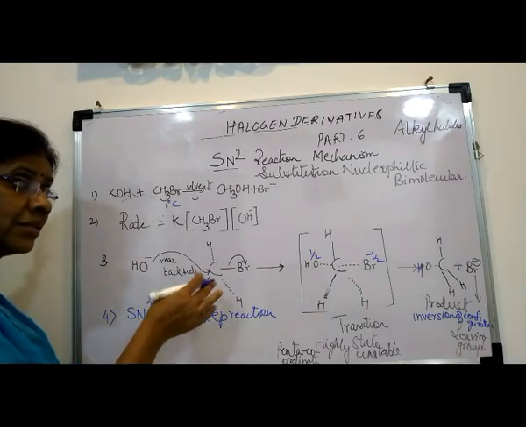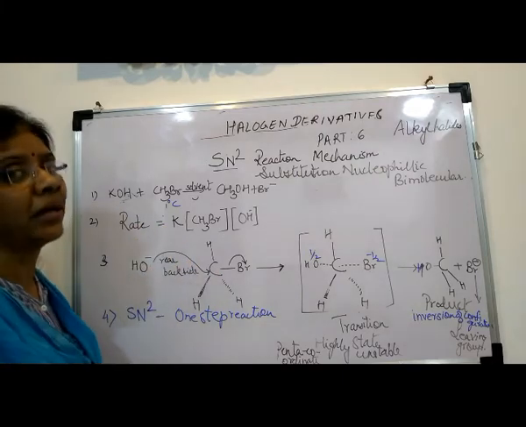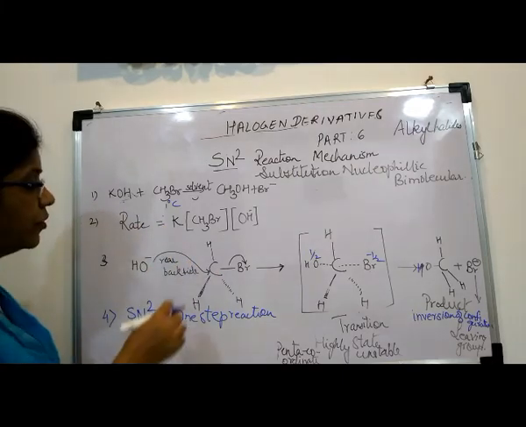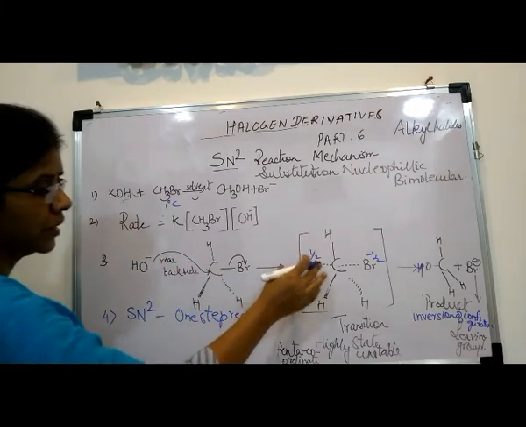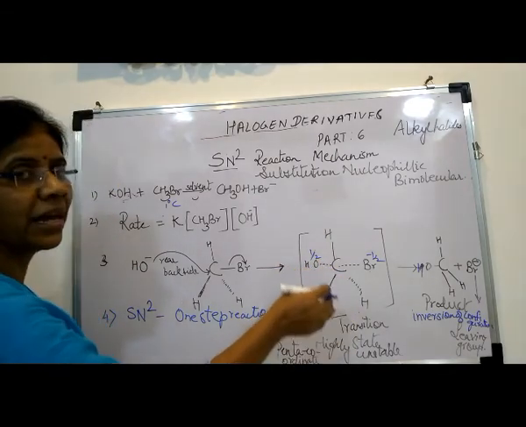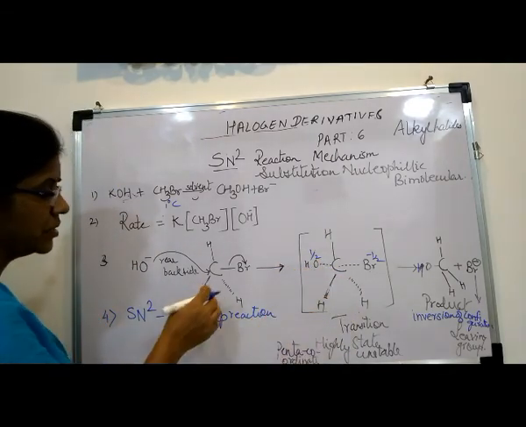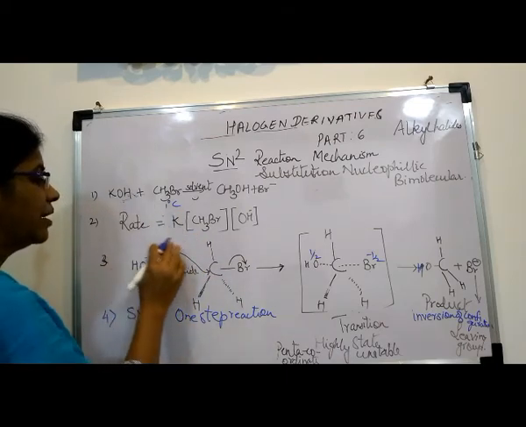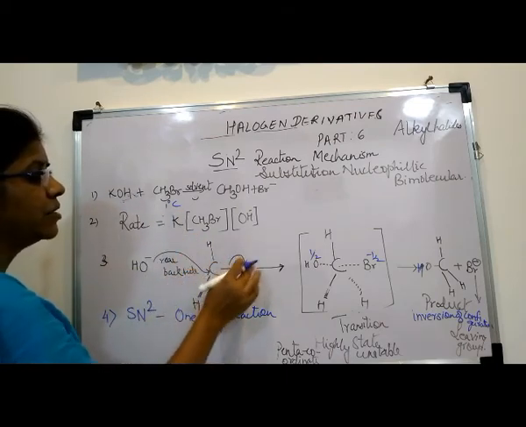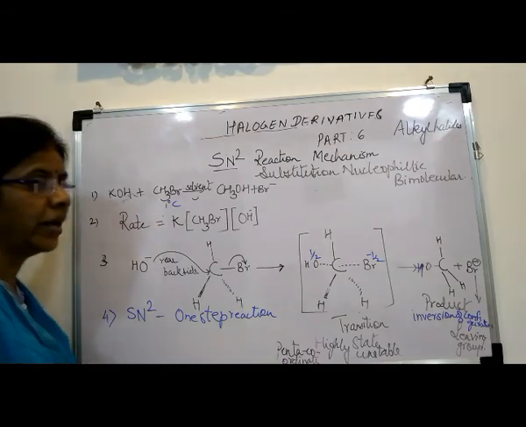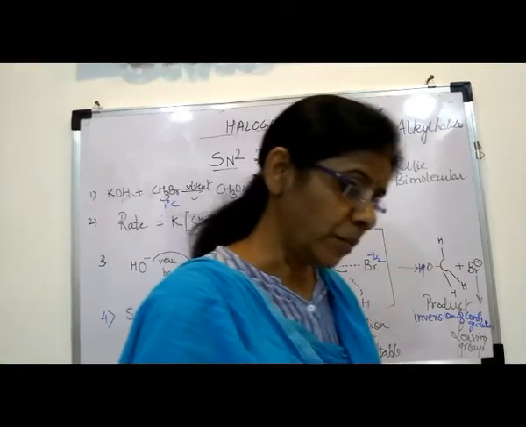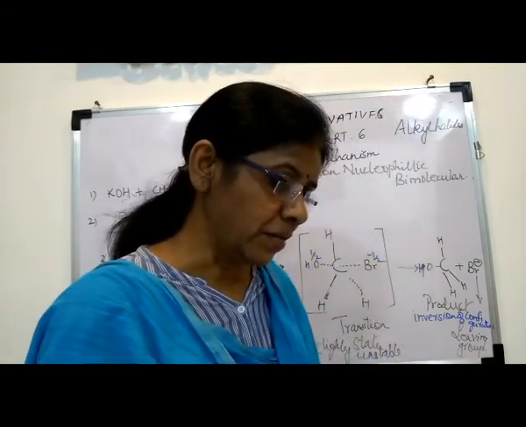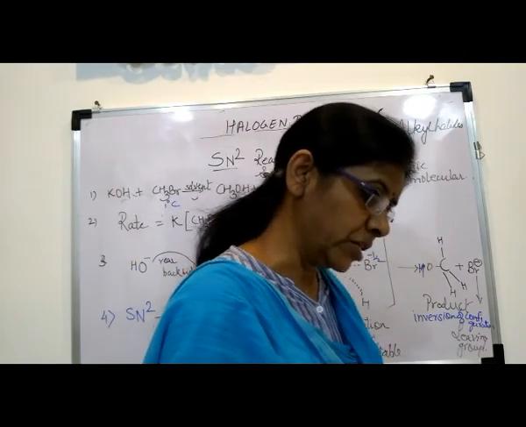And in this case, in the intermediate, no carbocation is formed. And therefore, since the intermediate is formed as a transition state, you can say that this is a one-step reaction where the attack takes place from the side that is opposite to the leaving group, and the product so formed is formed with 100% inversion of configuration.